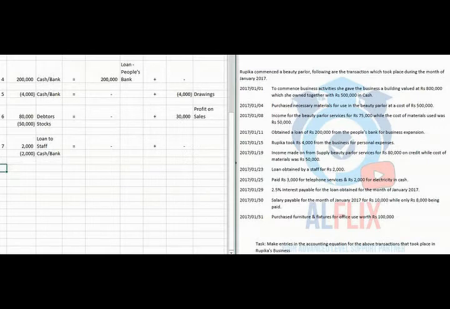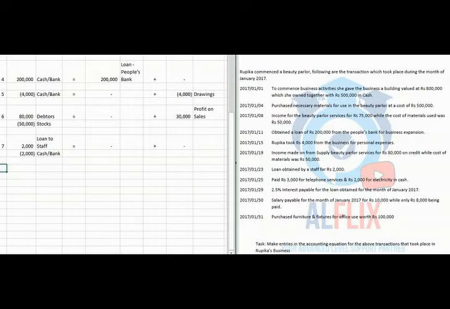25th January 2017, paid rupees 3000 for telephone services and rupees 2000 for electricity, in cash. Here the beauty parlor incurs expenses on telephone services and electricity.